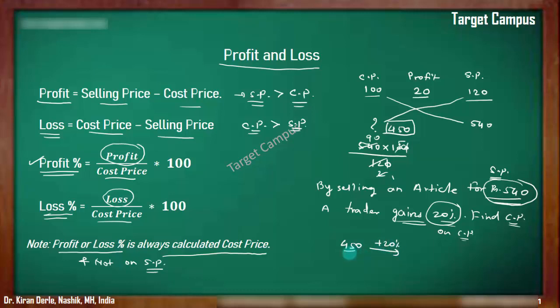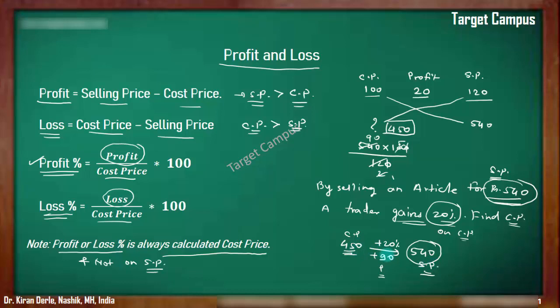What is 10% of this? It is 45. What is 20%? It is 90. So on 450 of cost price, he's getting a profit of 90, so his selling price in this case is 540. You cannot calculate 20% on 540. That would be 108, and that doesn't hold any logic. So cost price is calculated on this only.